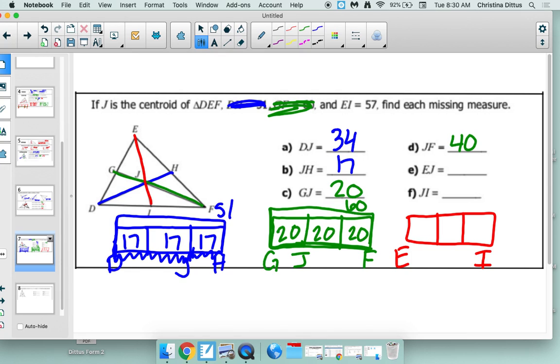The second one, because EJ is longer than JI. The whole line, it says, is 57. So what's each box? 19. So how long is EJ? 38. And JI? 19.